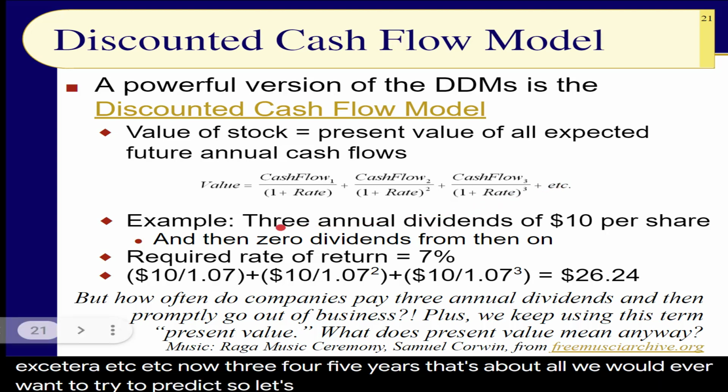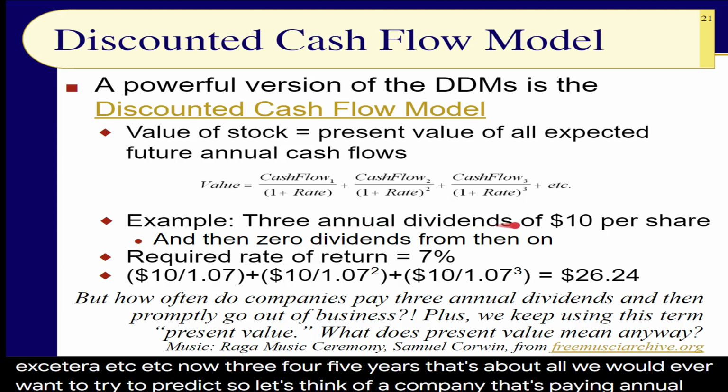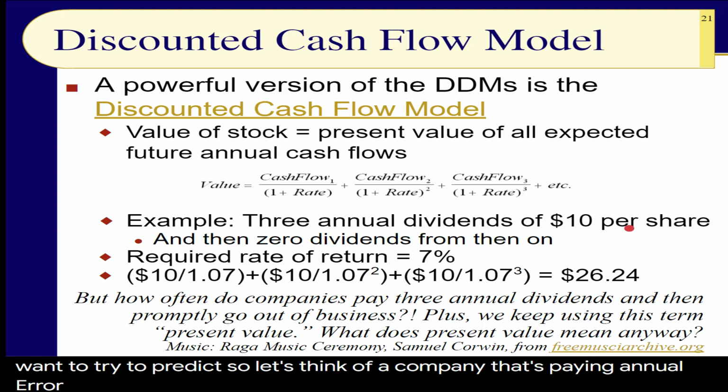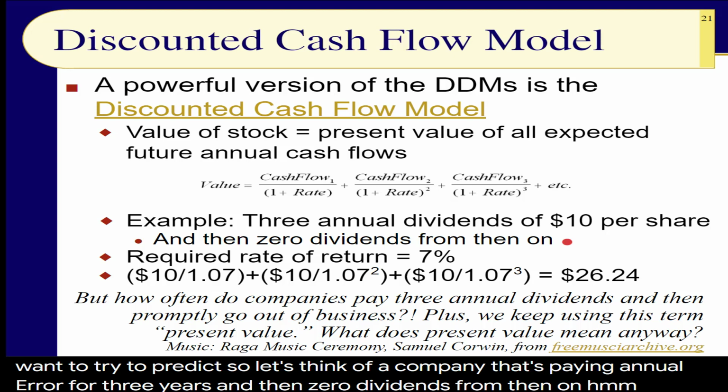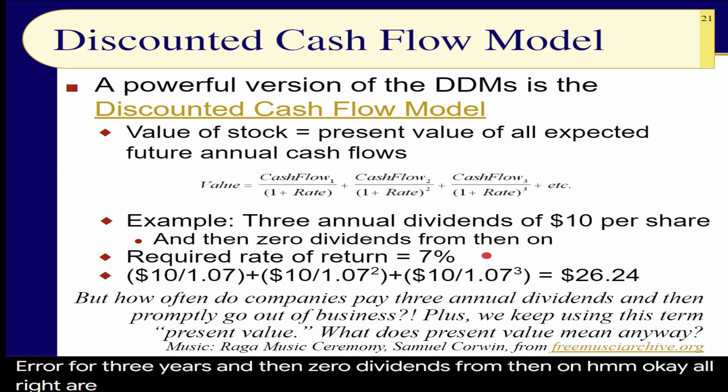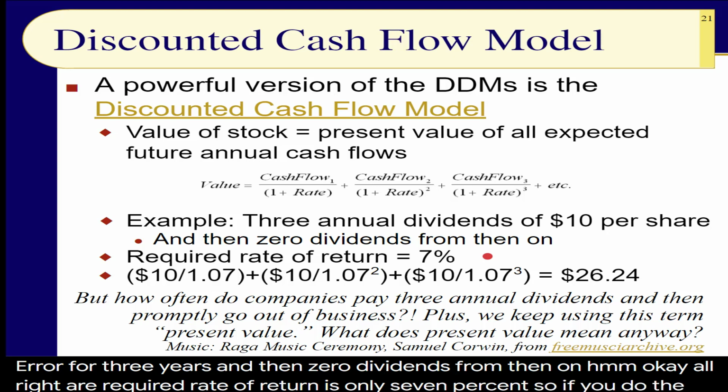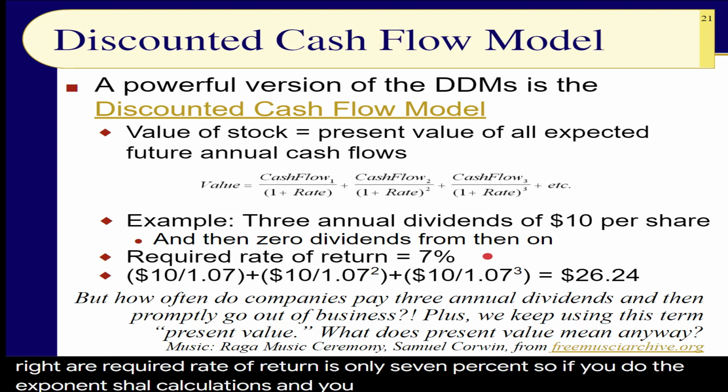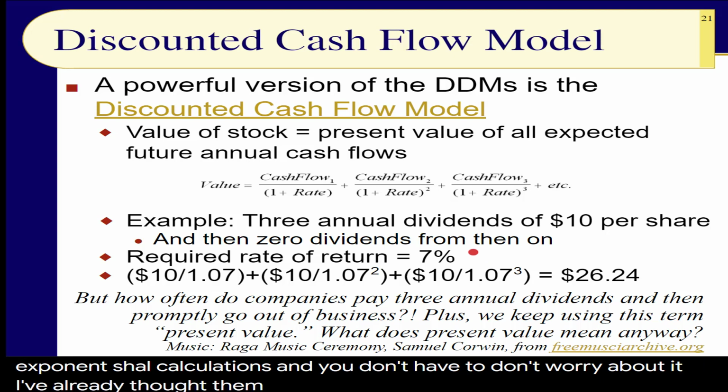So let's think of a company that's paying annual dividends of $10 per share for 3 years and then 0 dividends from then on. Our required rate of return is only 7%. So if you do the exponential calculations, and you don't have to, I've already done them. I checked it.